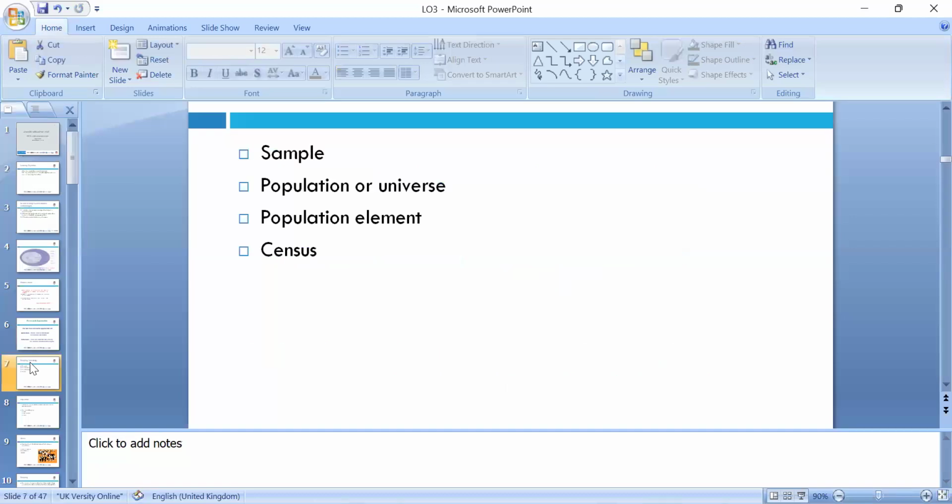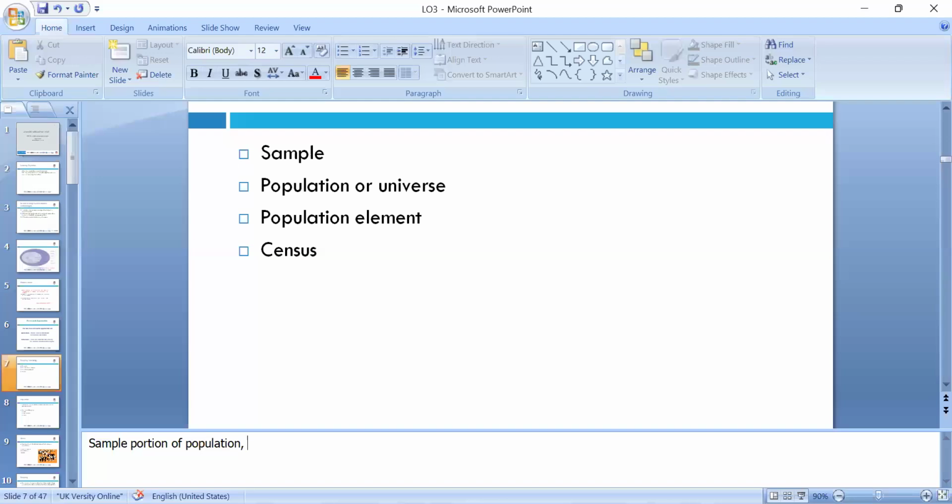Okay, then sample. When we do research in the hospitality industry as well as other industries, we need to look at the sample. A sample is a small portion of the population. For example, I can pick 10% of you, and that can be the sample.